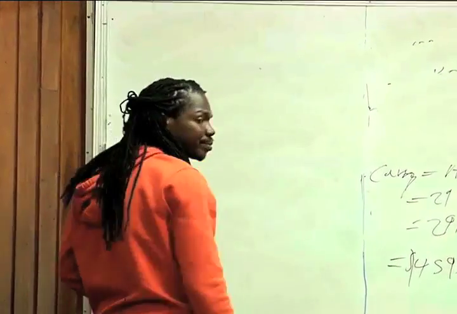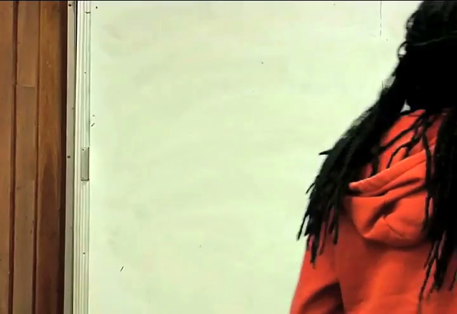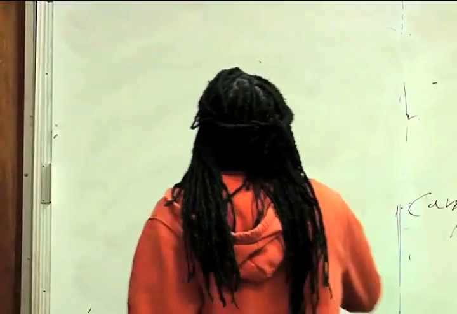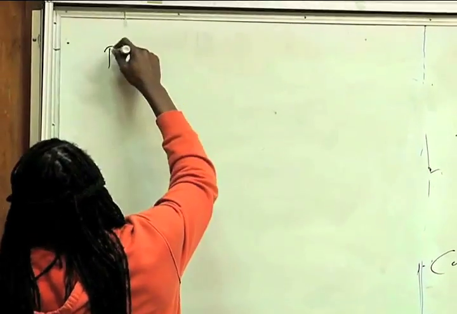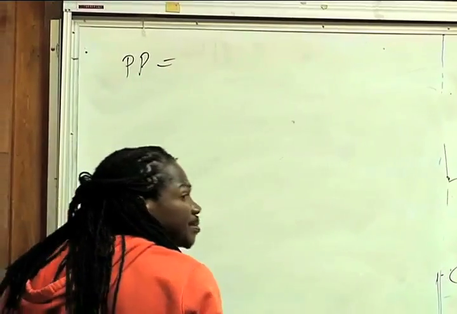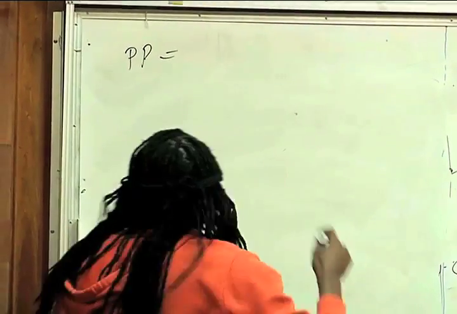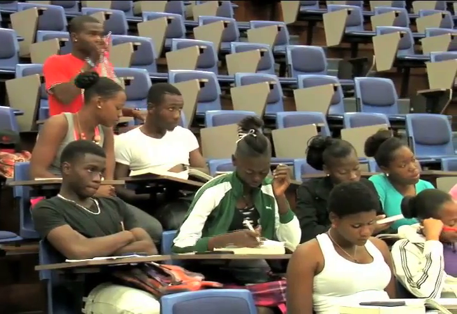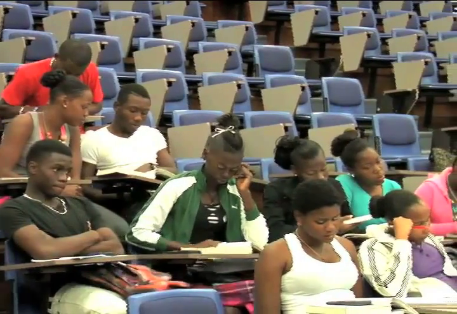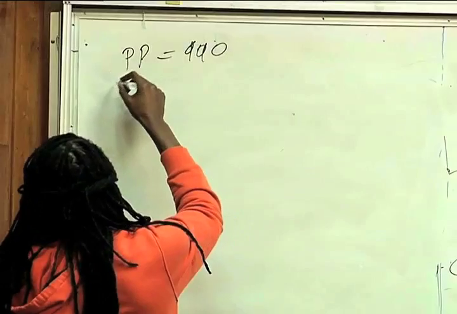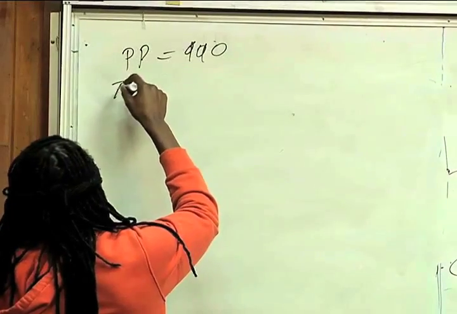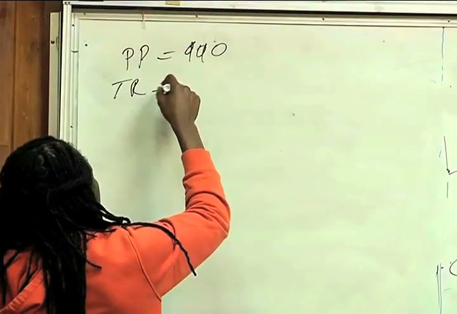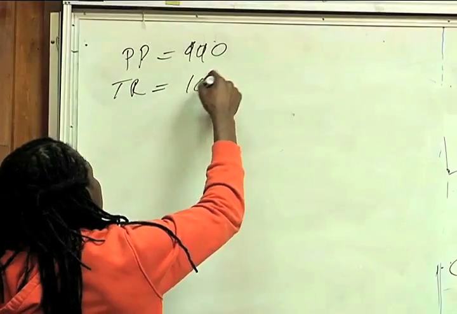What do we know? The machine inclusive of tax. Price paid equal what? $990. What else do we know? Tax rate equal what? 10%.